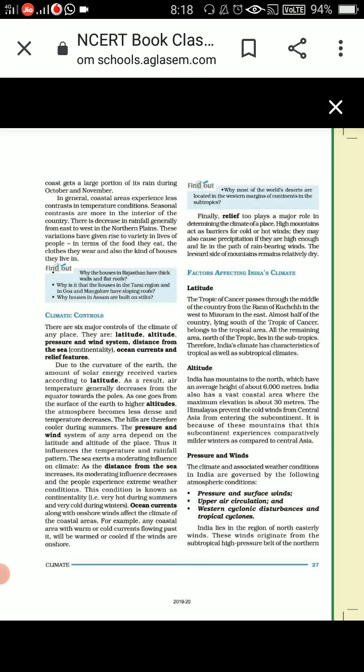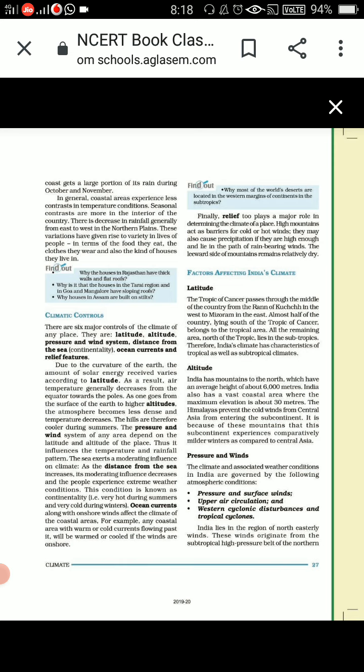Now, children, the next factor is ocean currents. You have read about ocean currents in class 7 also. The onshore winds also affect the climate of the place, meaning the coastal areas obviously. Any coastal area with warm and cold currents flowing past it, if the warm currents are there, the climate will be warm. If the cool currents are there, the climate will be cool.